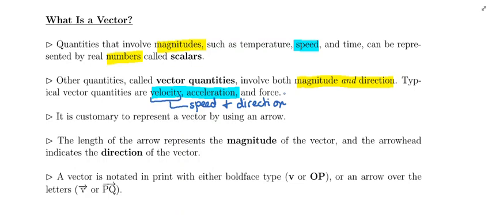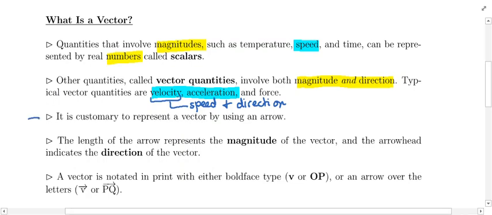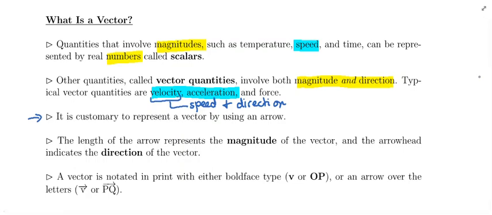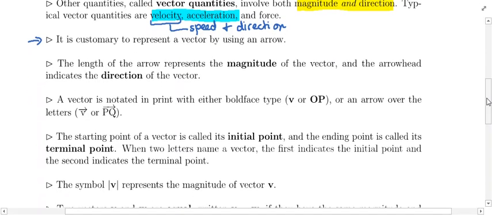Moving on to the third bullet point, it says it is customary to represent a vector using an arrow. The length of the arrow represents the magnitude of the vector, and the arrowhead indicates the direction of the vector. A vector is notated in print with boldface type.